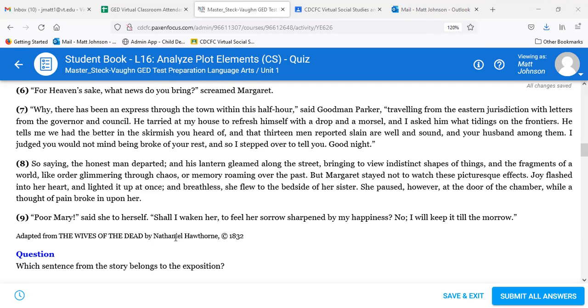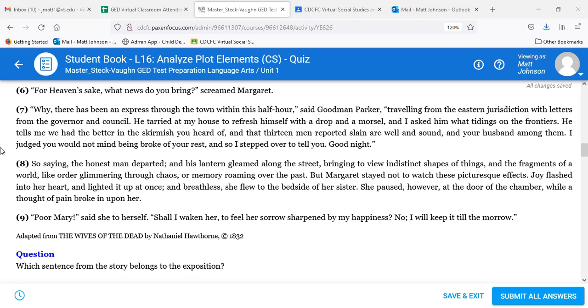He told me he had the better in the skirmish you heard of, and that 13 men reported slain are well and sound, and your husband among them. I judged you would not mind being broke of your rest. And so I stepped over to tell you good night.